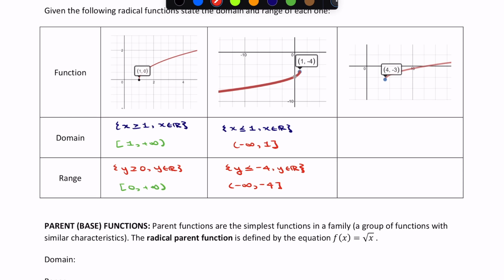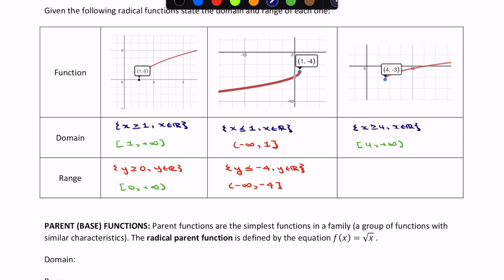Right, so continuing on with the last graph here, we see that our domain is x has to be greater than or equal to 4. X is an element of real numbers. So here we'll go from 4 to positive infinity.